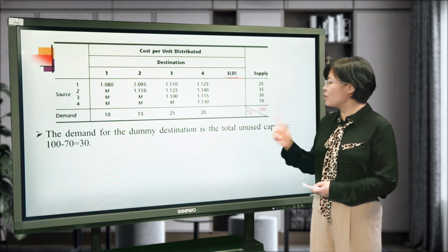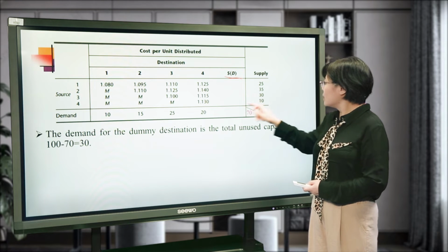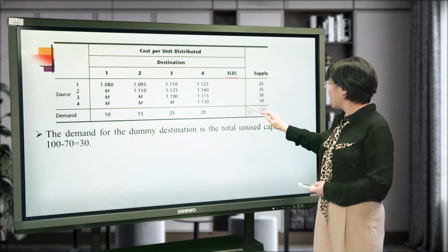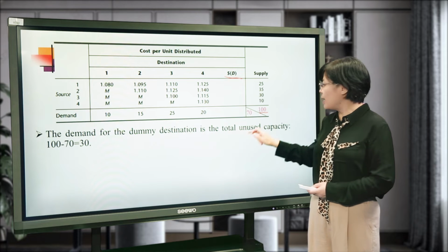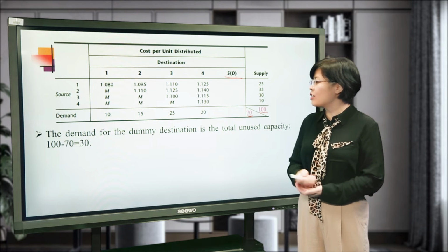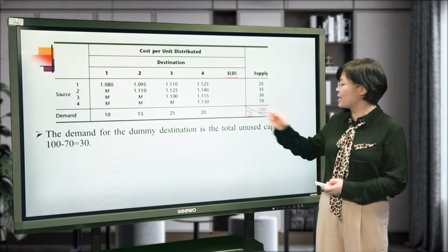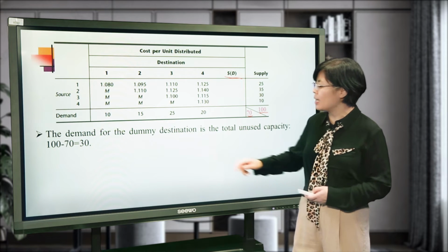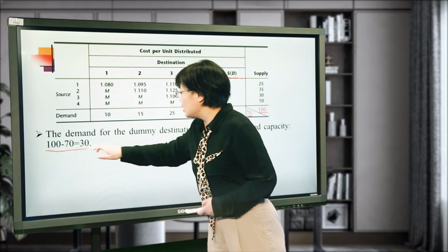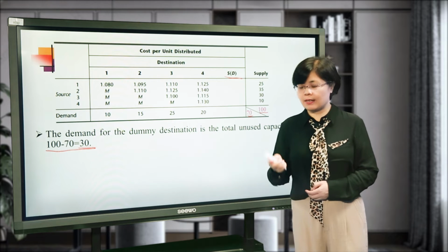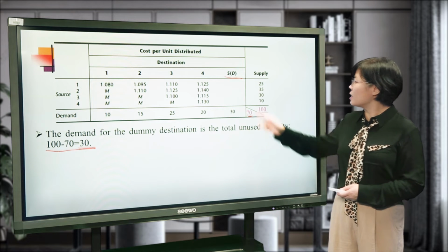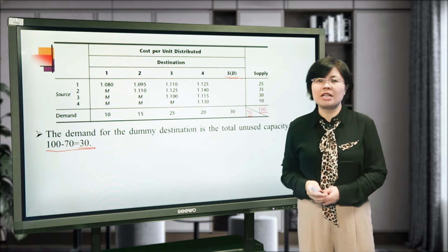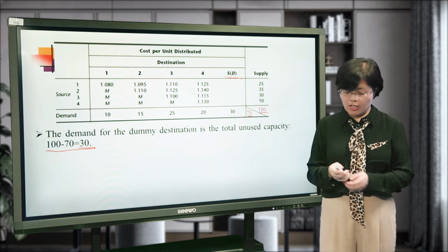The total supply is 100 and the demand is 70. So the demand for the dummy destination is the total unused capacity. Then it can be calculated like this. So here the demand of the dummy destination is 30.